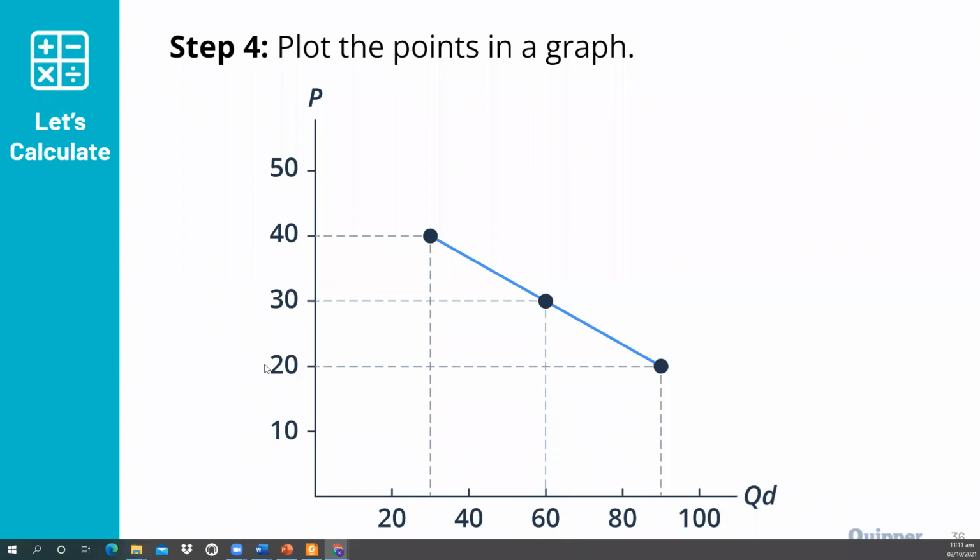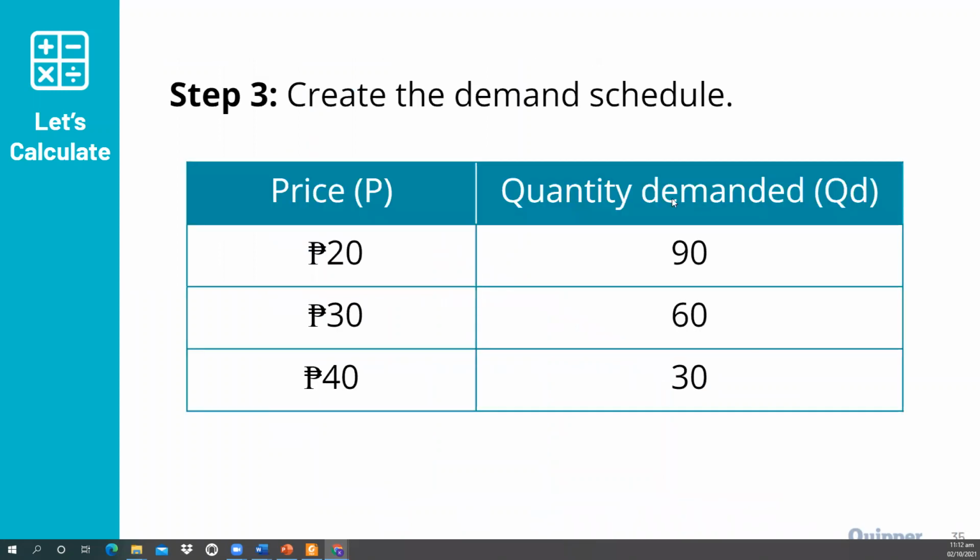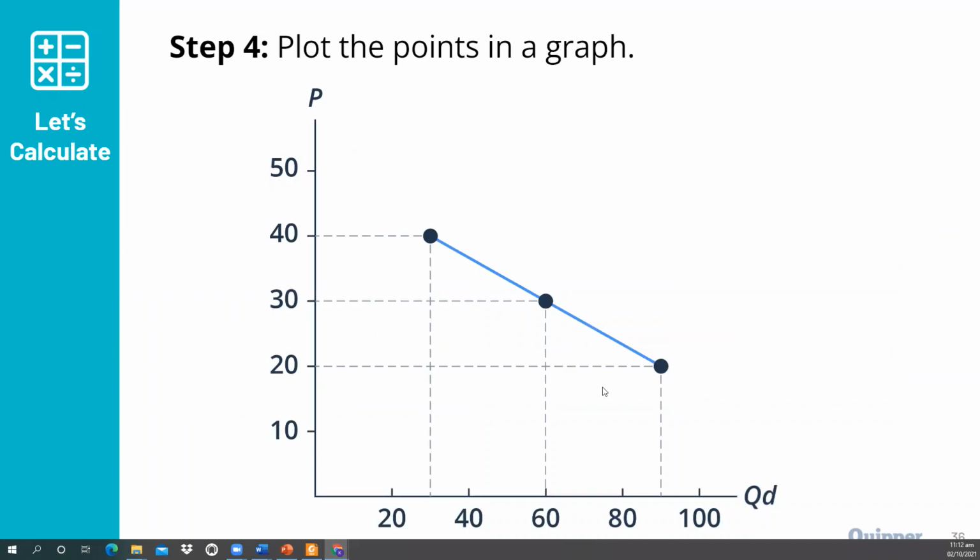And then for the last one, 20 yung price, so yung quantity demanded is 90. Okay, nag-gets naman natin yung graph. Just say yes, or you can just type in our chat box if yes, okay? So yun, we can read the graph, or we can do the graph using these numbers.